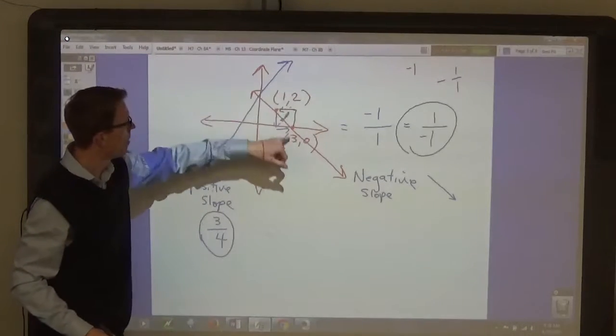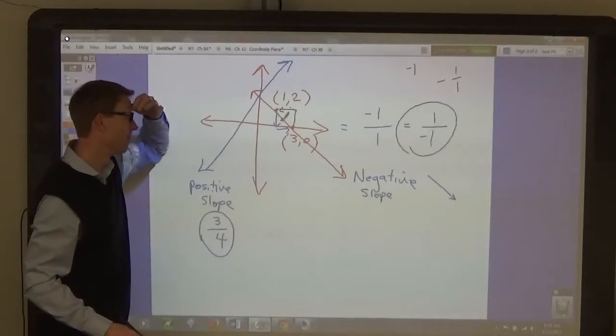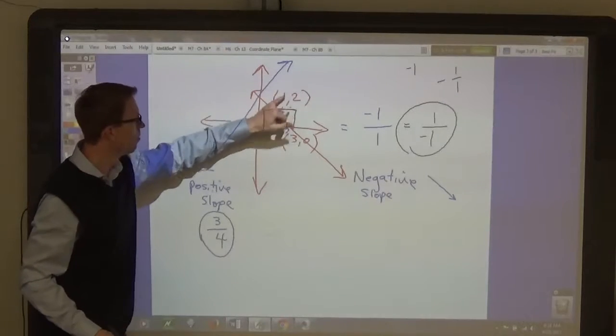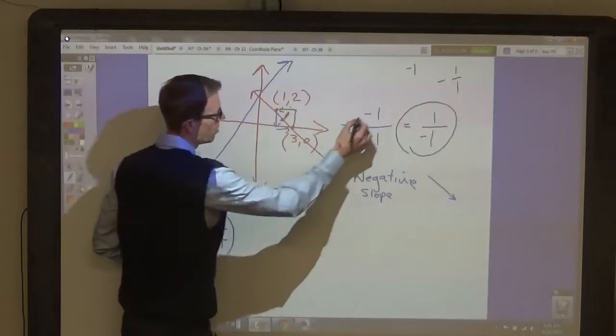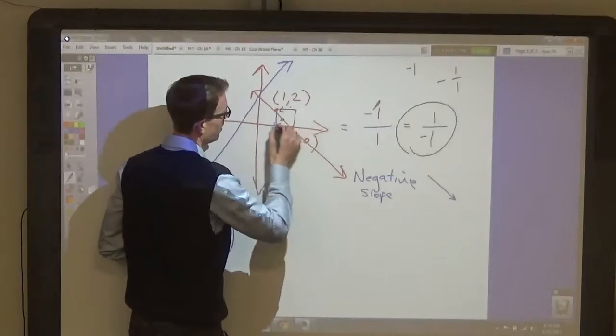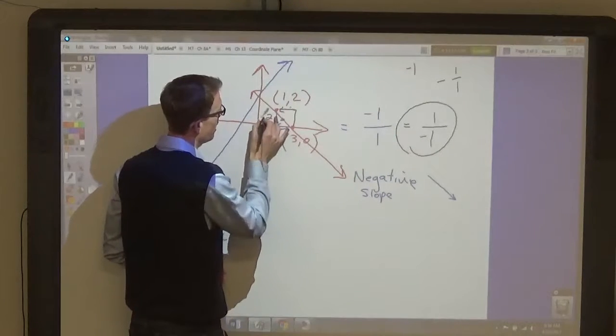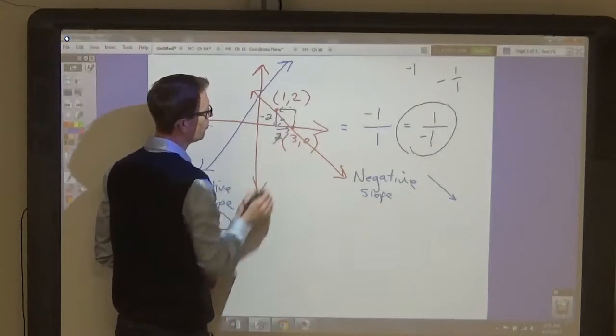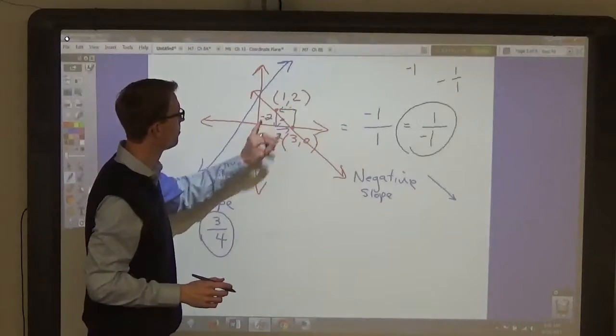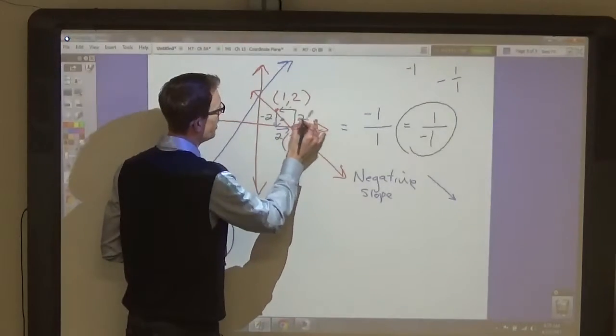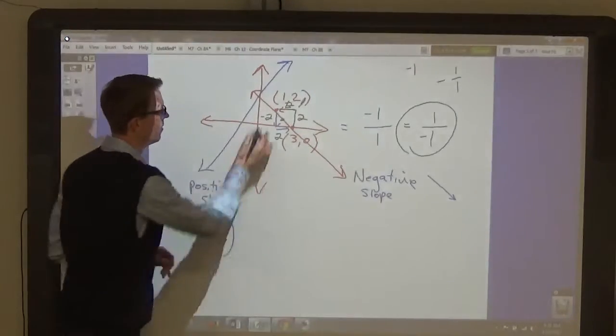It's from 2 to 0 is 2 spaces. I should have started with this. This is negative 2 spaces, and this is over 2 spaces. All right? And this is up 2 spaces and over 2 spaces.